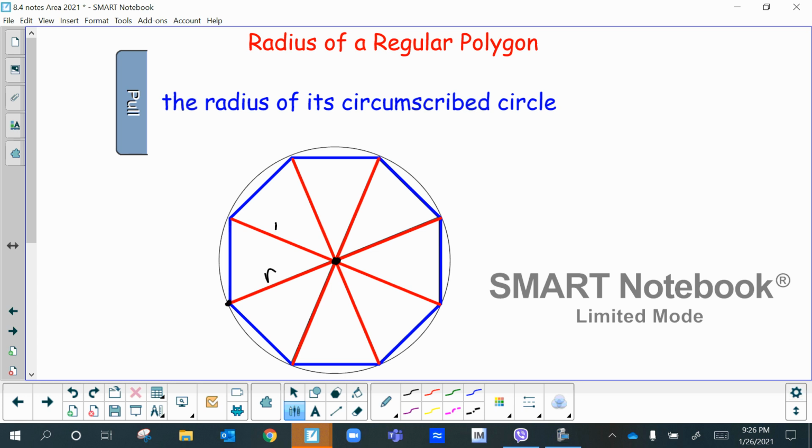So that's a radius, that's a radius. These are all radii that we are going to be using in the polygons to find the area sometimes. So this is a radius of a regular polygon, and they could exist in other ones, but we're going to mainly focus on regular polygons because we're doing area of regular polygons.